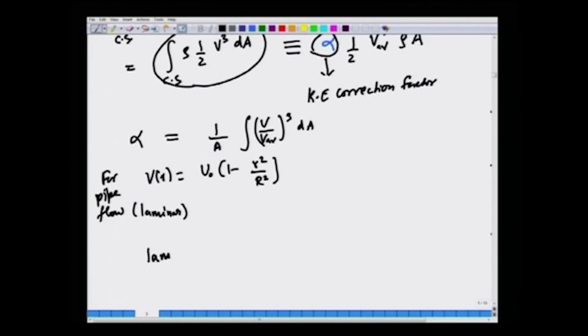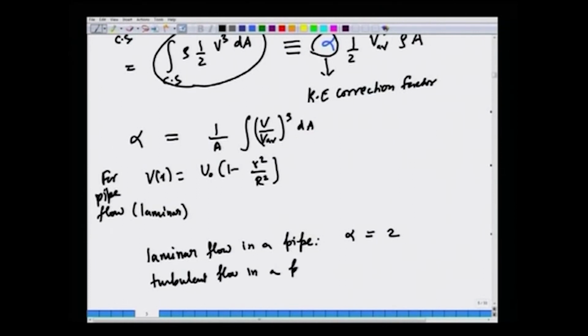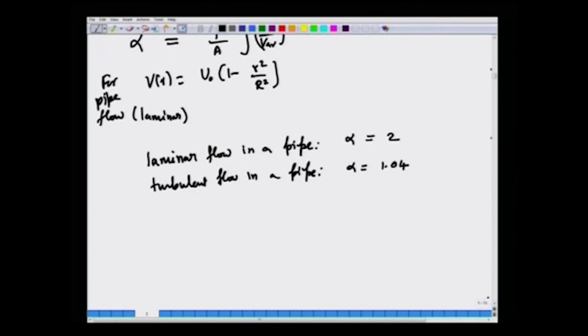So, for laminar flow in a pipe, alpha becomes 2, whereas for turbulent flow in a pipe, alpha is simply 1.04. Okay. So, for non-uniform flows you could use the kinetic energy correction factor.